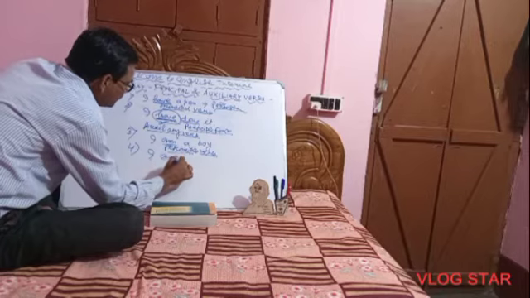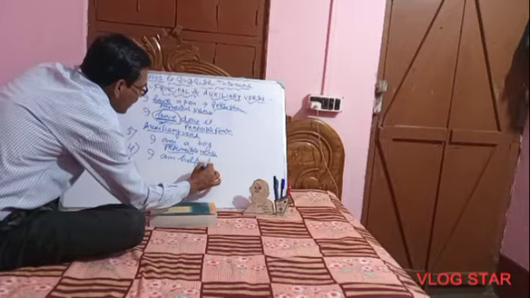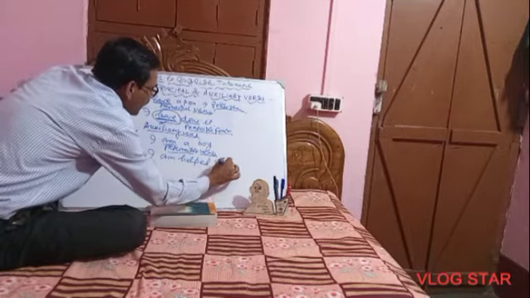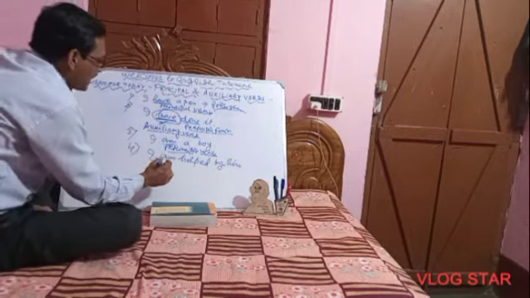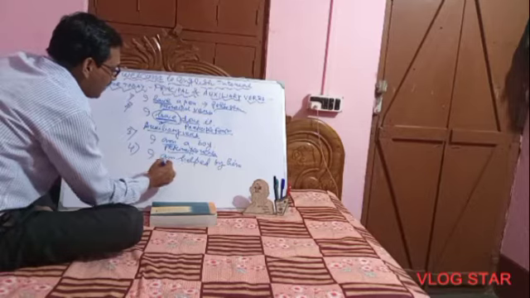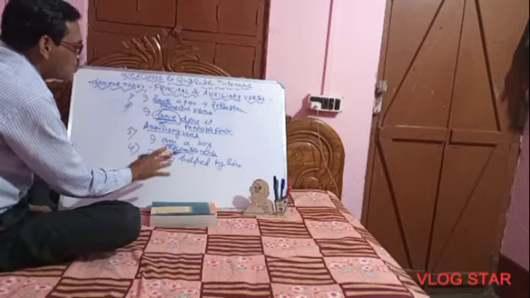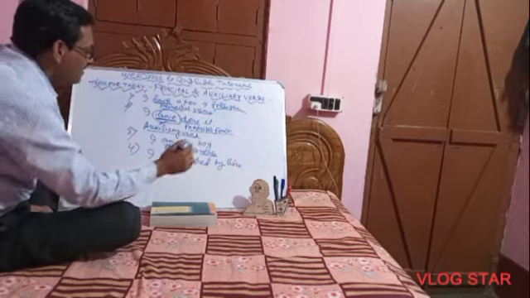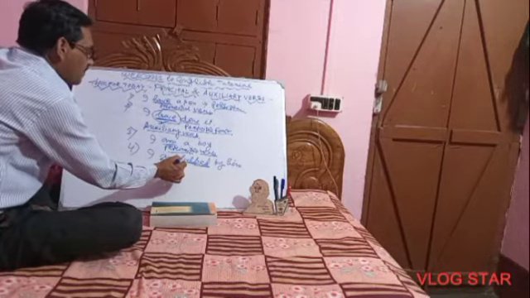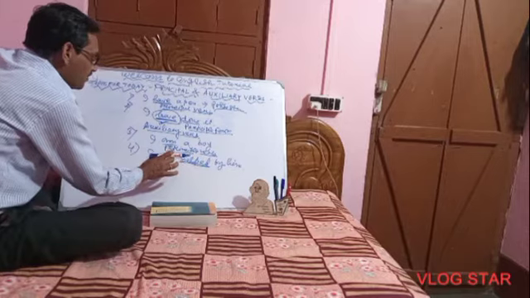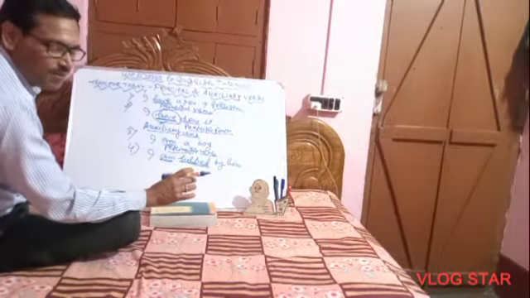Now, if you say 'I am helped by him', here you see that the 'am' has no special meaning but has been used to form the passive voice, and as per the rules of passive voice, the past participle form of the verb is used, and 'am' is used to make the passive form.